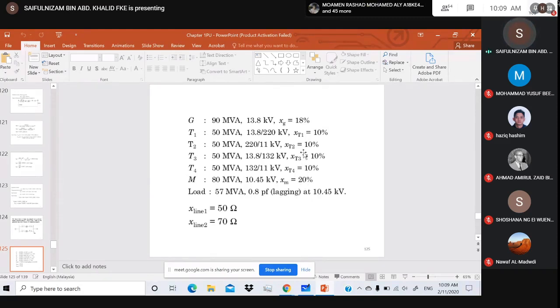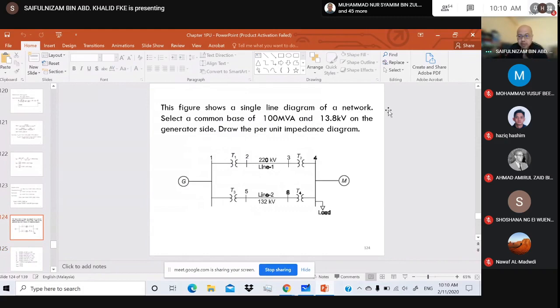So all the components except the load are given in per unit. The load is given as the actual value. This is the actual value, 10.45 kilovolt. And then the line impedance is 50 ohm and 70. This is the actual value. Okay, we can try this example.